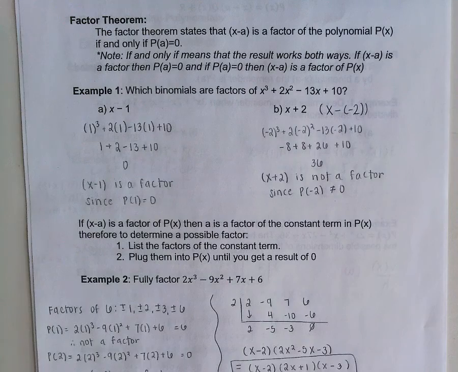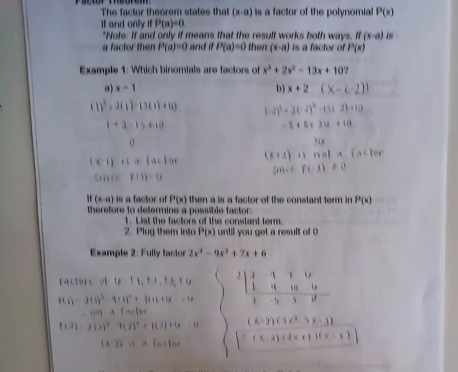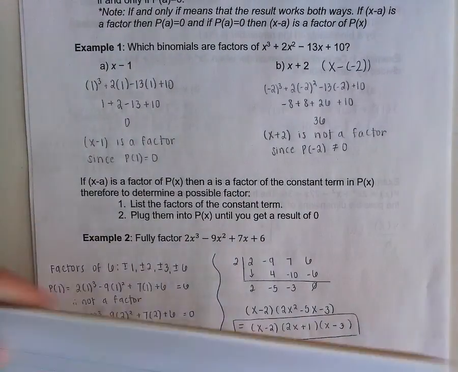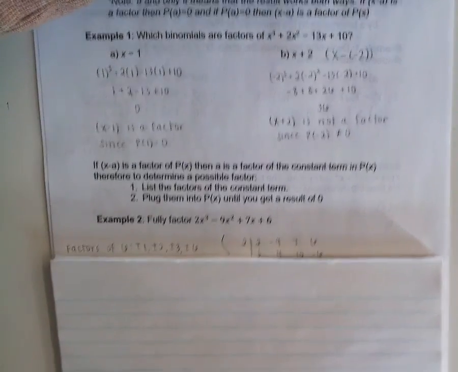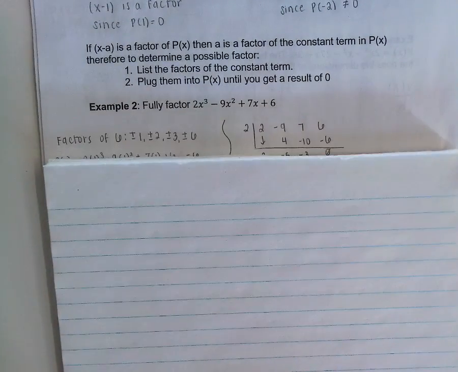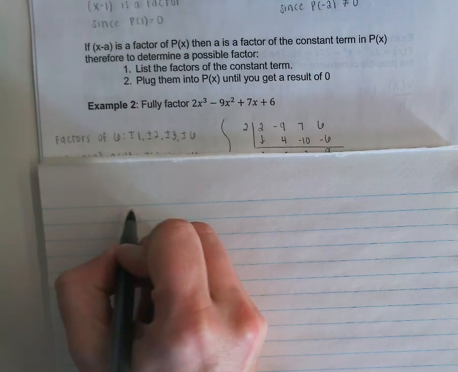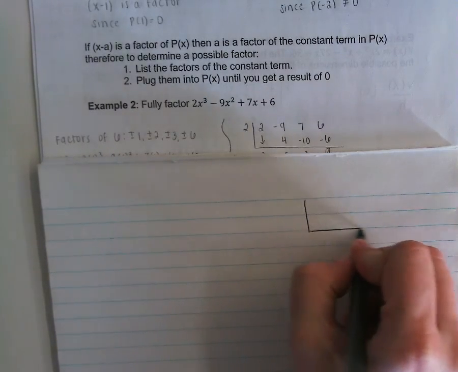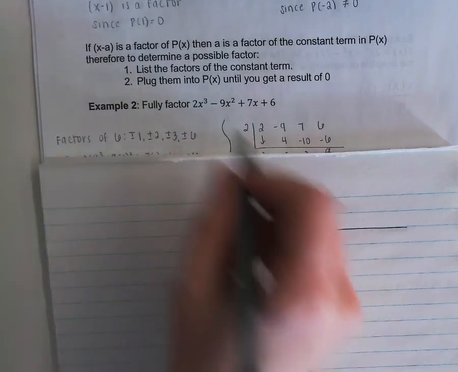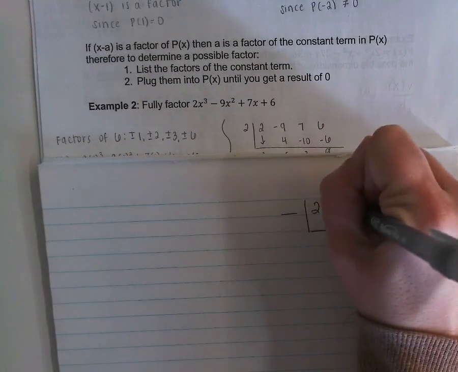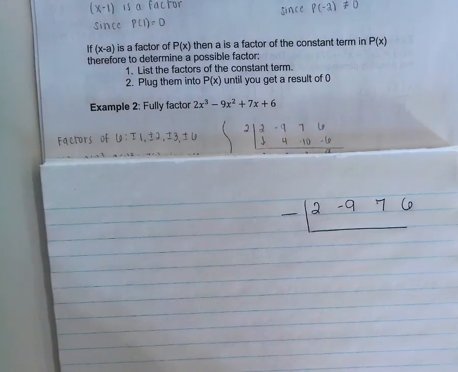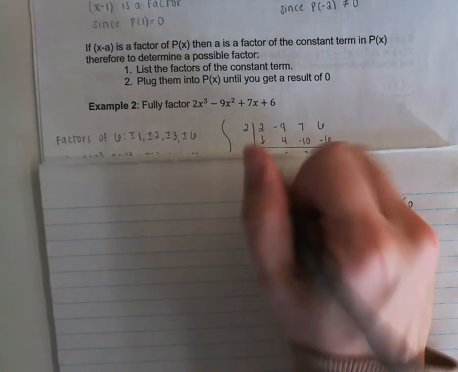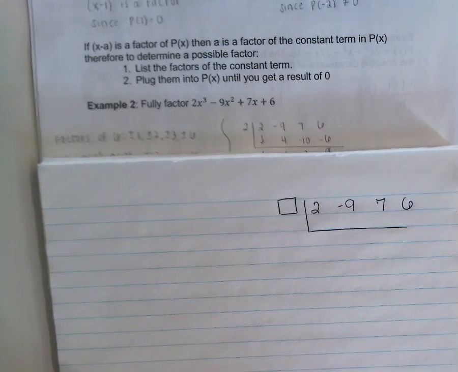In order to determine one starting factor, remember that when we use synthetic division, we need to know what number to put here. We know that we're going to divide this polynomial. Those are our coefficients, but we need to know what number we're dividing by.